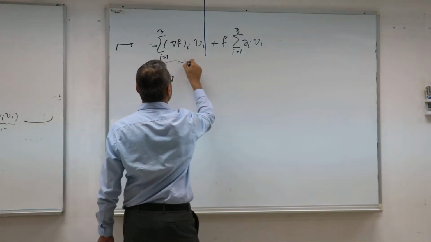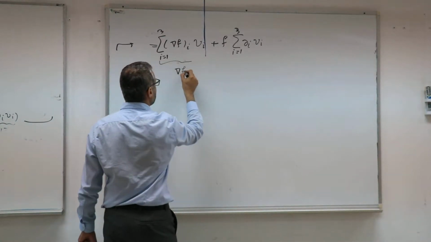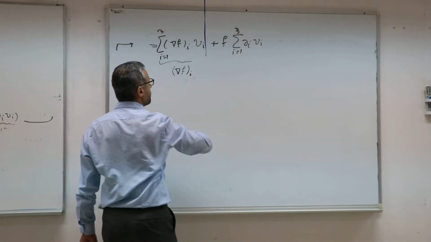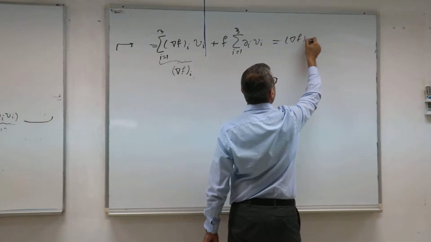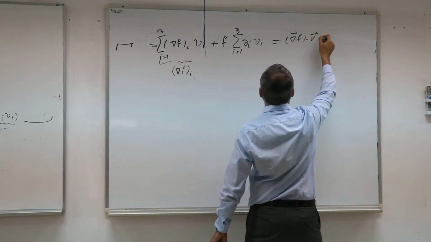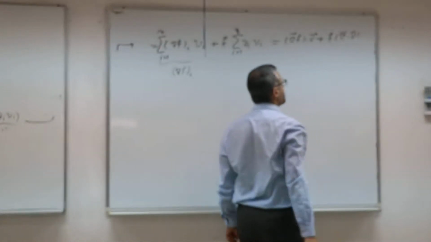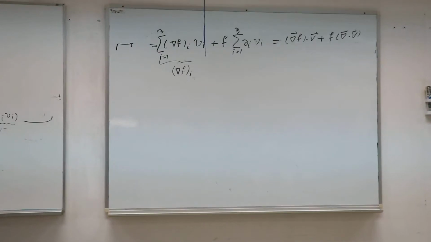As I told you, the total of this is just the gradient of f, component i, and this is v_i. So it looks like gradient f dot v, plus f gradient dot v. So this is the first identity.